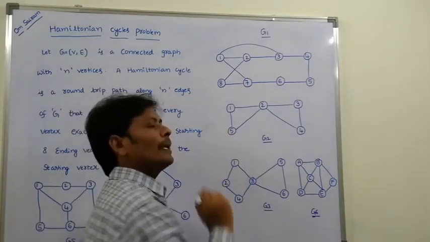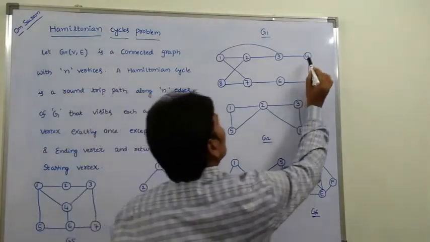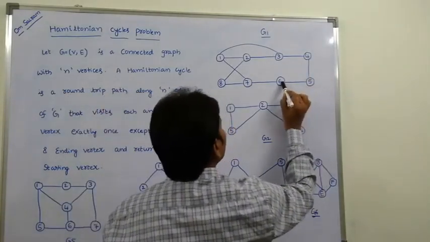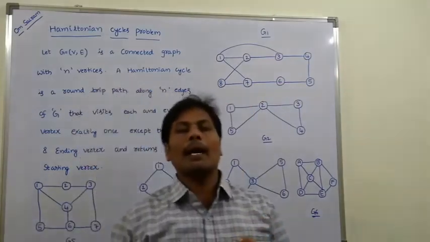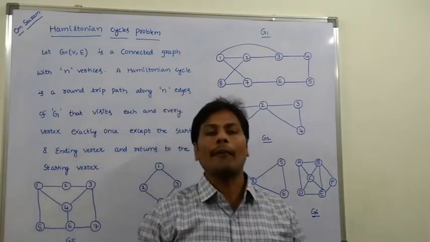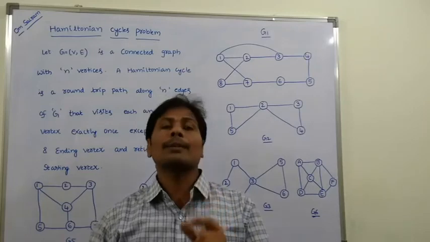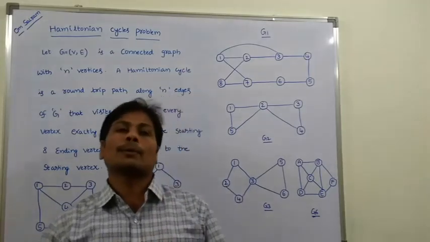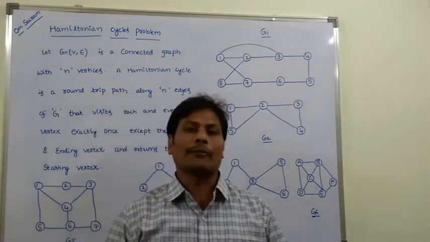There is a path between vertex 4 and vertex 8: 4 to 5, 5 to 6, 6 to 7, 7 to 8. So for any pair of vertices in a given graph, if the pair is connected by a path, then that graph is called a connected graph.